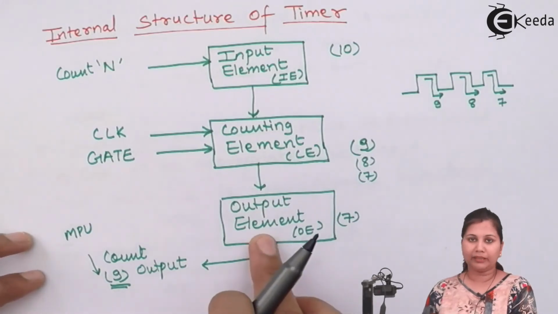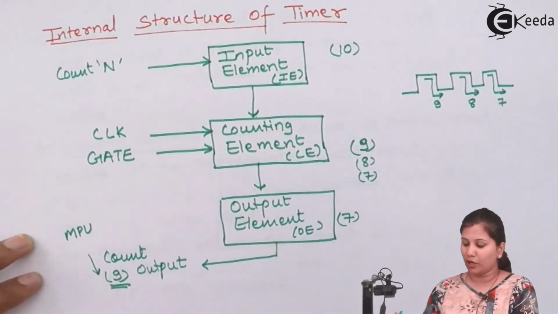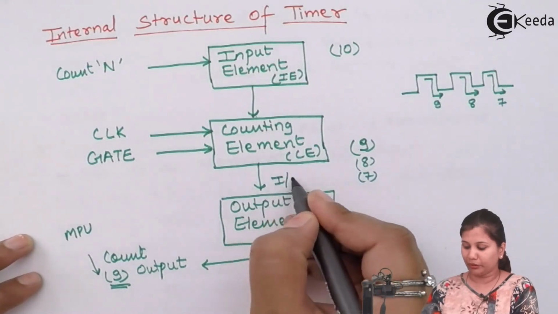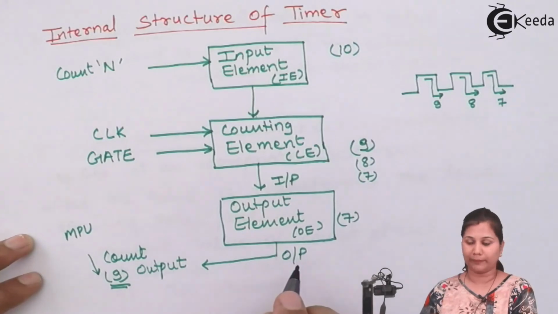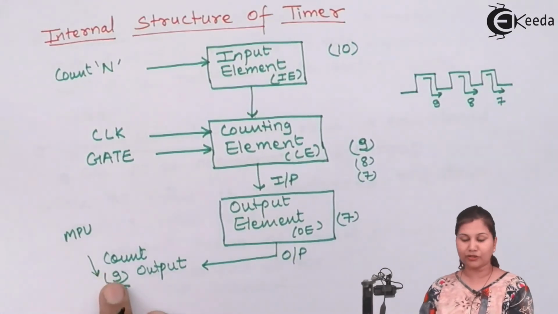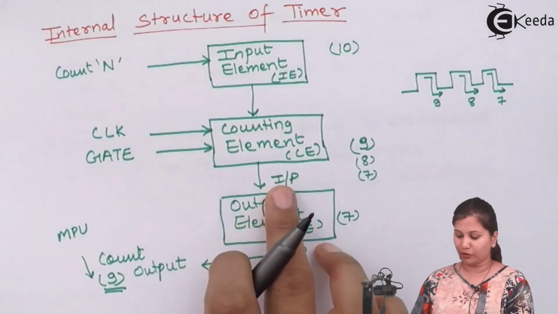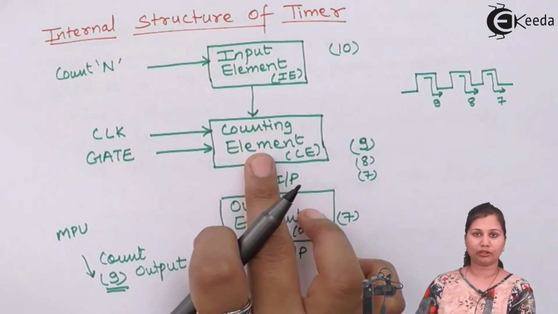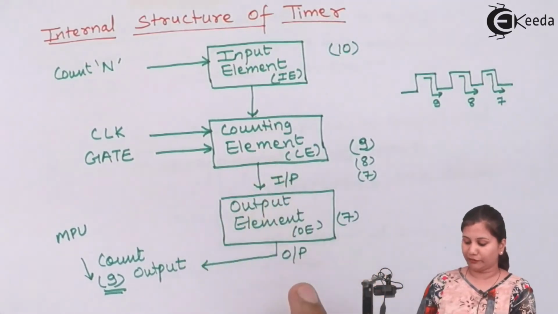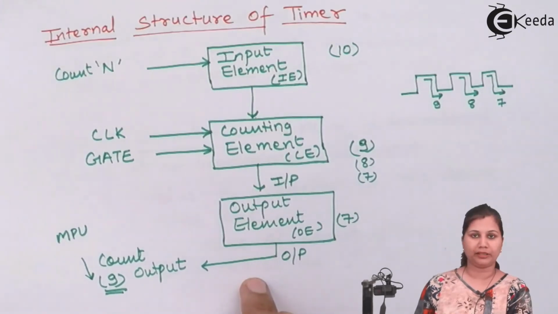Now I have said that the output element is a transparent latch. So whatever its input is, that input will be available at its output. So the current value of count is available at the output of this output element.